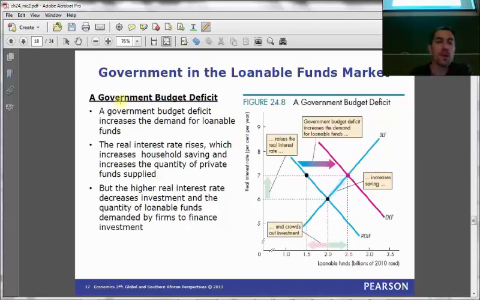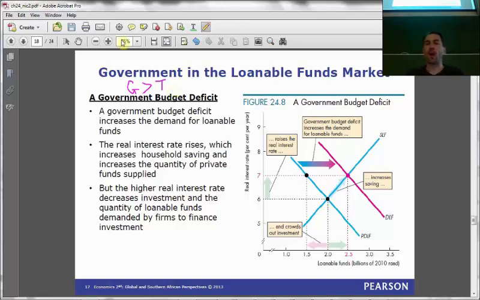So government budget deficit, movement to the right in the demand for loanable funds. Why? Because remember, a government deficit, G greater than T, which means that government is spending more than it's getting in revenues. If it's spending more than it's getting in revenues, it must be borrowing.